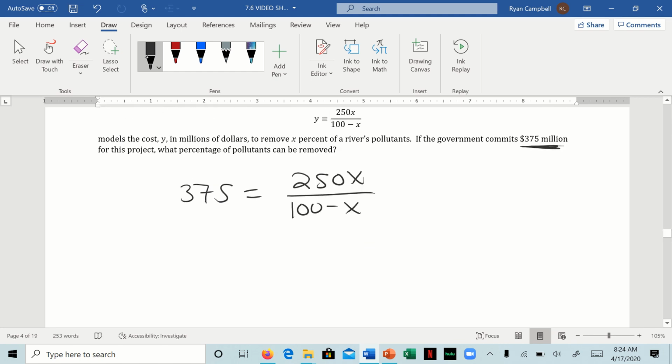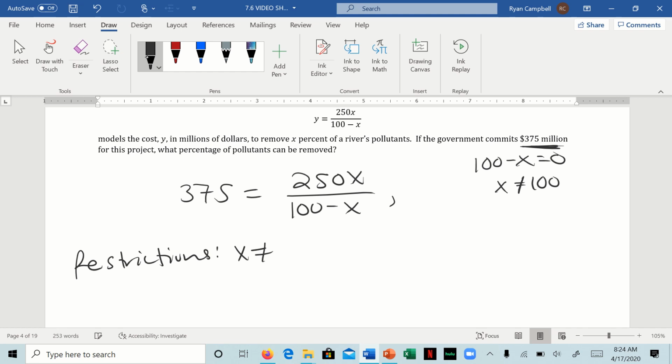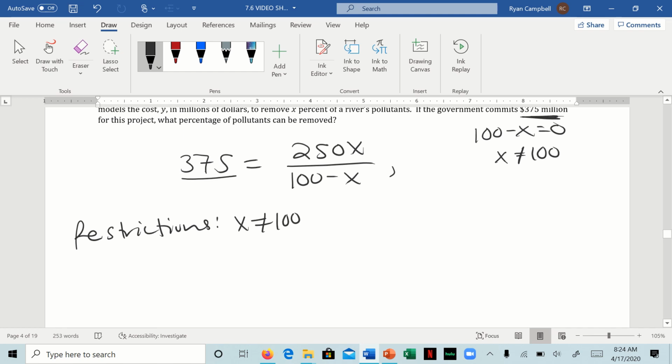Restrictions: since 100 minus x would equal 0, that would make x equal 100, right? So x cannot be 100. Since this is over 1, we can see that the least common denominator is just going to be 100 minus x.